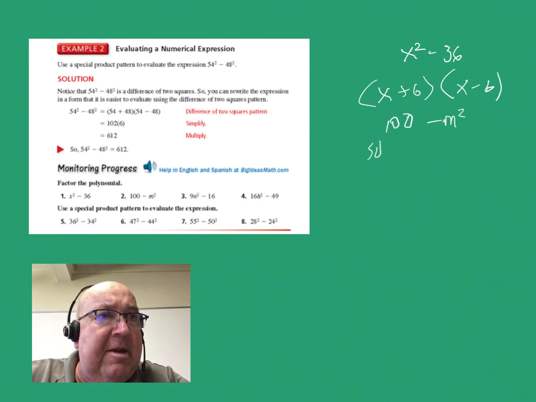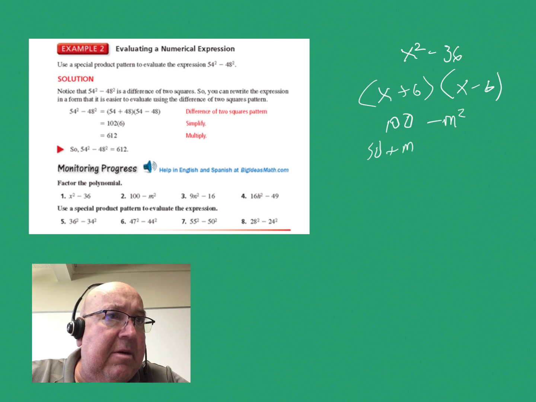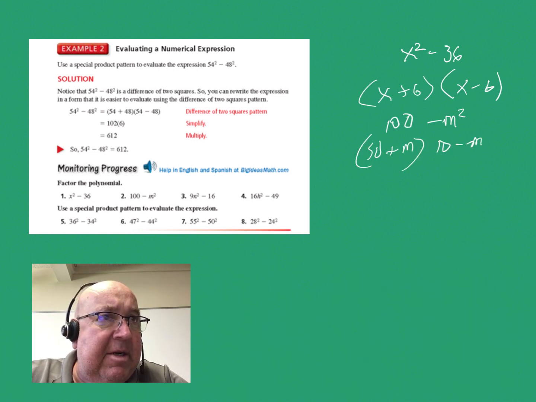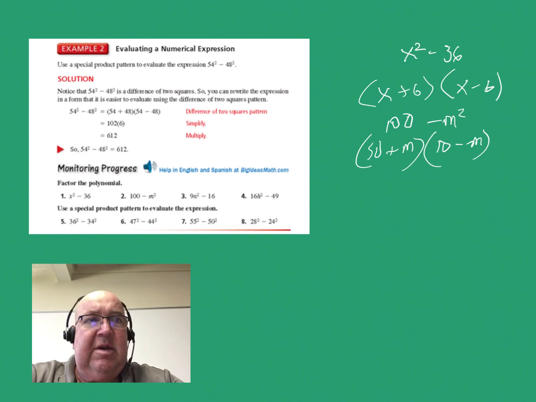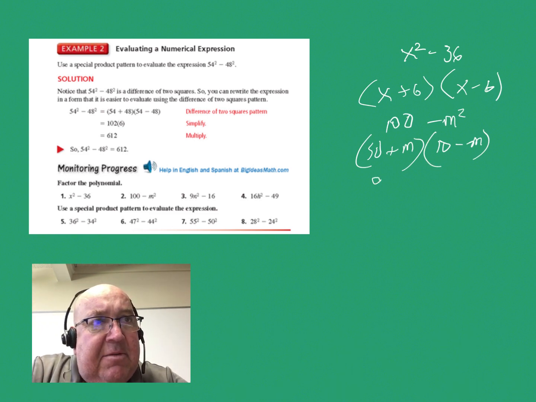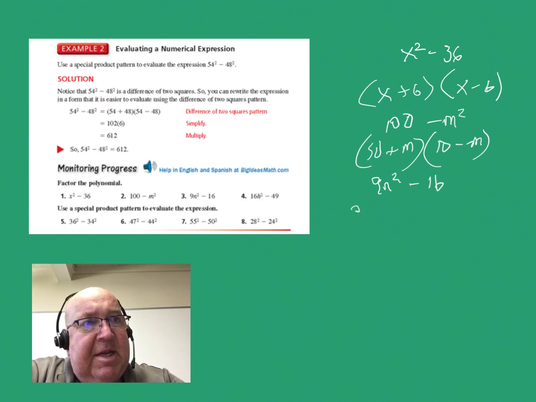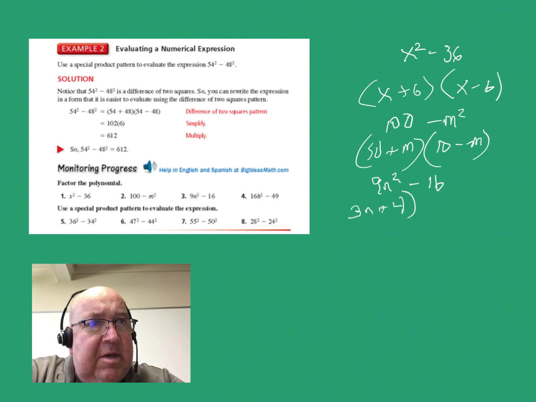That's 10 plus m, and 10 minus m. We have 9n squared minus 16, which would be 3n plus 4, and 3n minus 4.